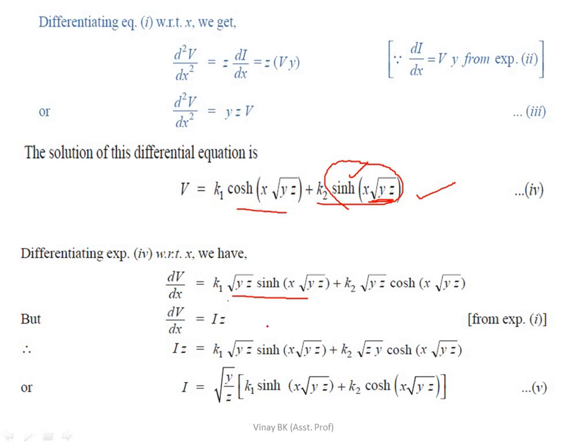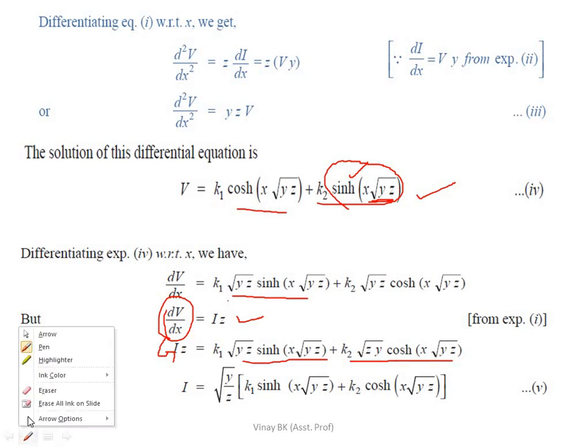But we know that dV/dx is nothing but I into Z from equation 1. Substitute that instead of dV/dx, so I into Z is given by k1 into square root of YZ sinh x root YZ plus k2 into root YZ cosh x root YZ.